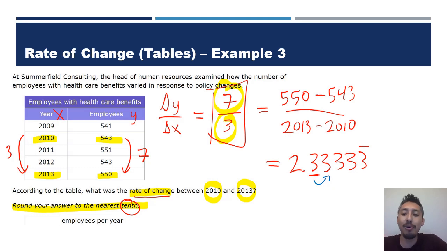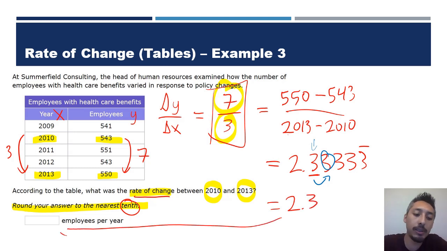It's 5 or more, raise the score, 4 or less, let it rest. Because this number is a 4 or less, it's a 3, we're going to let our number, the 3, this one right here, we're going to let it rest. Meaning that our final answer is going to be 2.3. And that's it. That's what you will enter as your final answer in IXL.